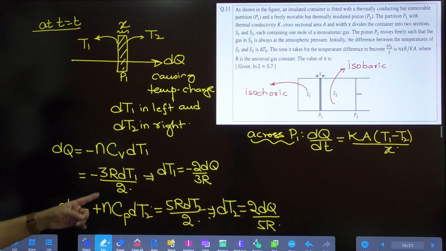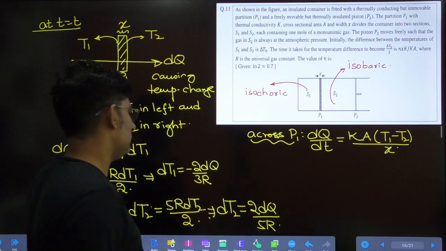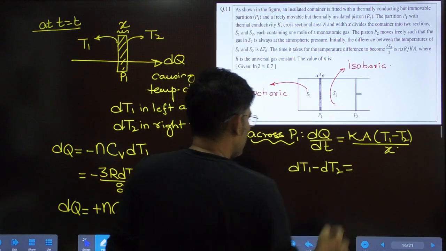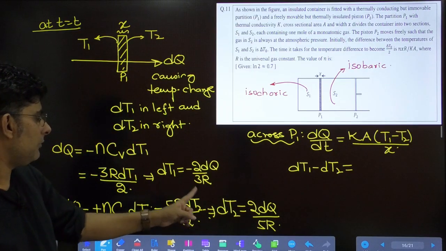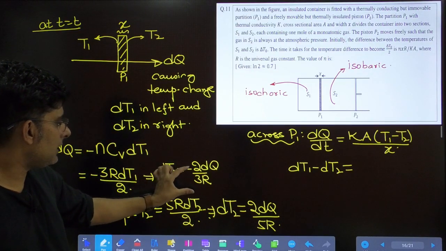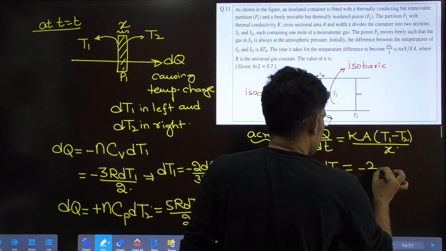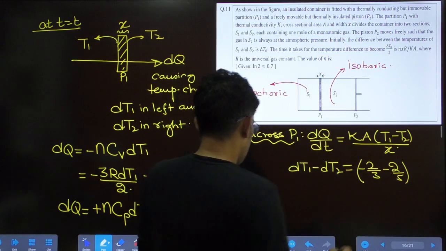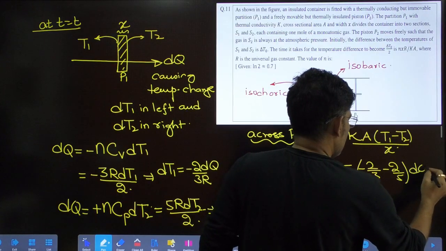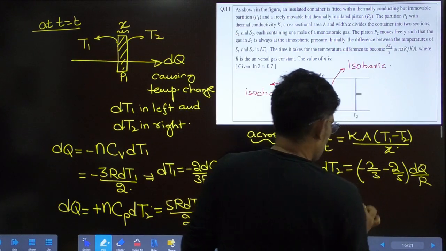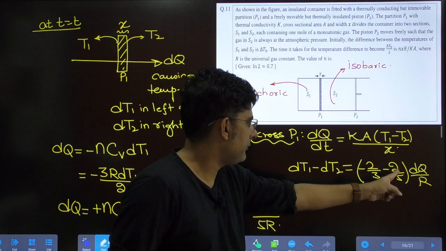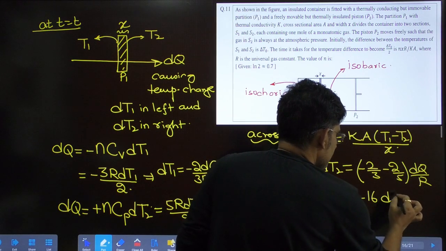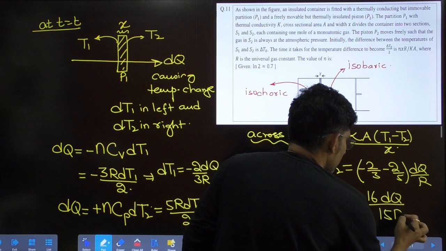Got it? So if I subtract these two, dT1 minus dT2, what will I get? dT1 minus dT2 will become minus 2 by 3 minus 2 by 5 into dq by R. So it will become 5 plus 3, 8, 2s are 16, minus 16 dq by 15R.